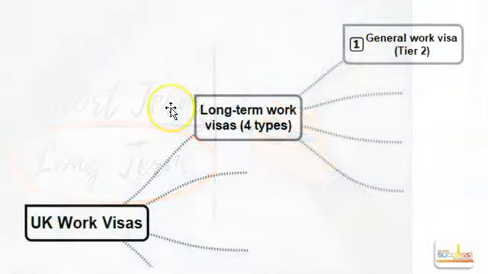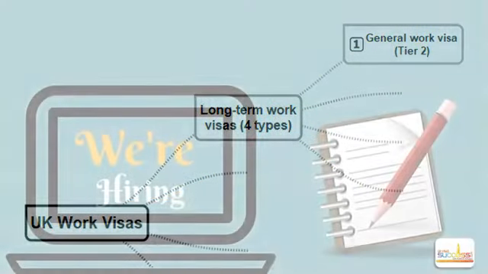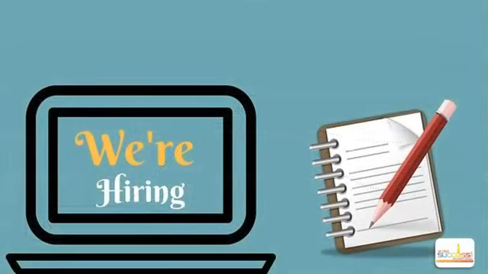The first one is the general work visa, tier 2. The tier 2 general migrant route was created for UK employers wishing to employ workers who are not British citizens and who are not settled in the UK because they could not find a suitable person in the UK.